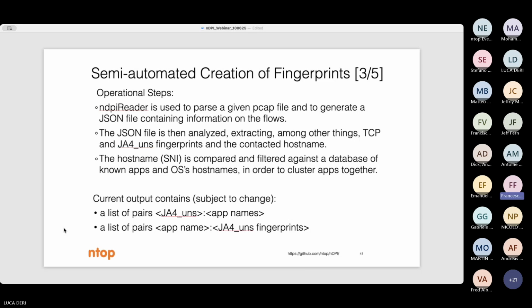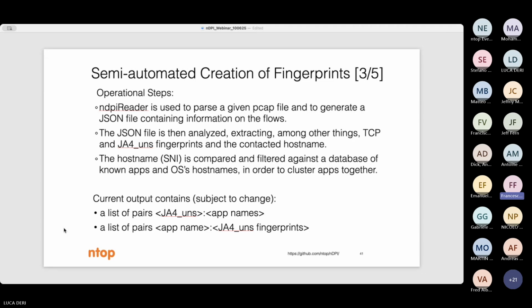What I'm doing is I use the nDPI reader tool that, given a pcap file, is able to generate a JSON file containing some information and grouping together the traffic as flows. This information can be, for example, the IP address contacted and the port, but also information on the protocols.